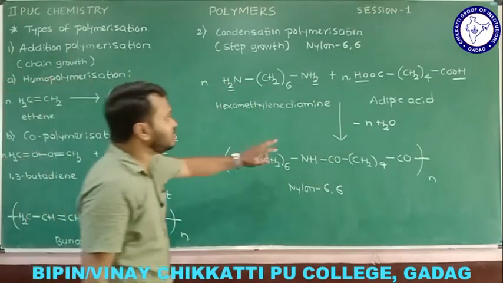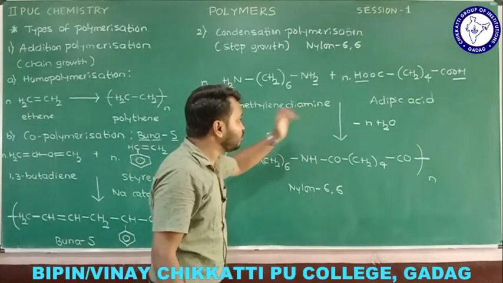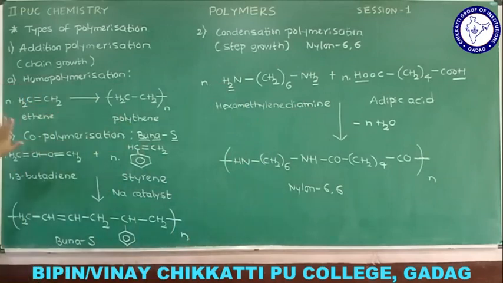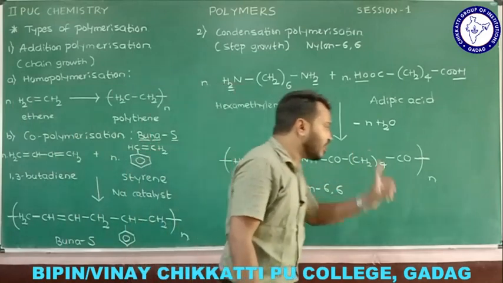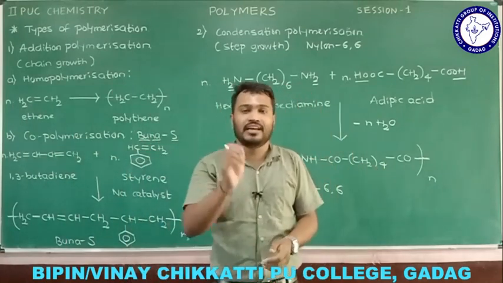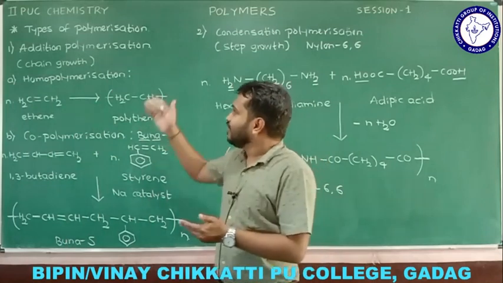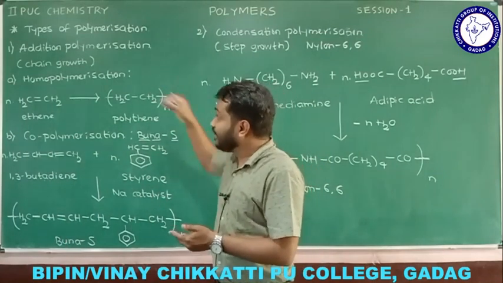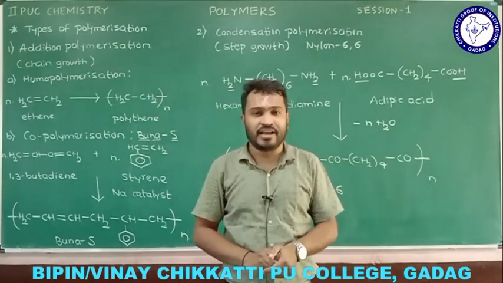In condensation, we are going to see difunctional or bifunctional, trifunctional groups. In addition polymers, we are going to get a carbon-carbon double bond or carbon-carbon triple bond. Try to know how we are going to write the structure of nylon 6,6. That is all about the different types of polymerization, addition polymerization and condensation polymerization.